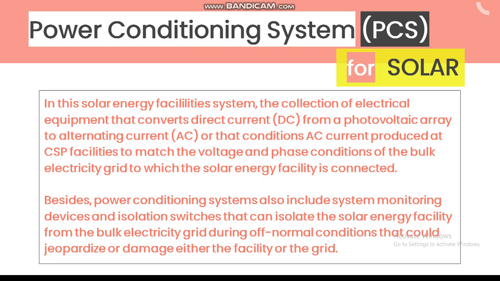Besides that, power conditioning system also will include system monitoring device and isolation switches that can isolate the solar energy facility from the bulk electricity grid during abnormal conditions that could jeopardize or damage either the facility or the grid.